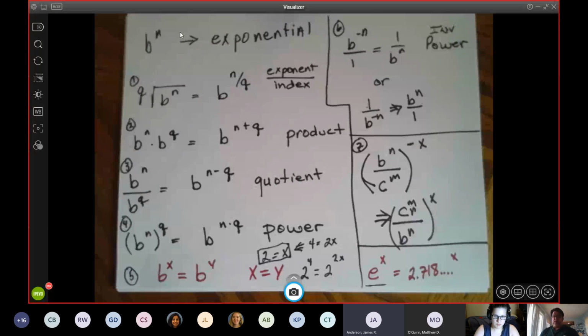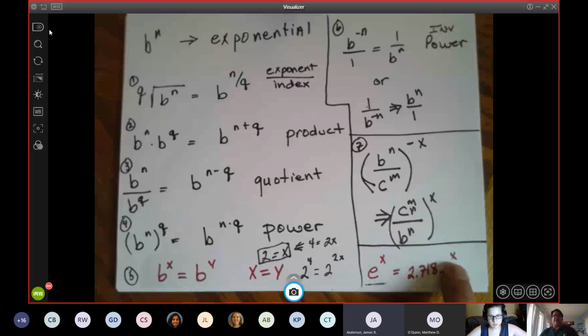Natural log. Well, actually, most people freak out and skip it. Why? Because e to the x looks like it's what? Complicated, but it's not. It's just a number to the x power. So those are the two things I want you to be aware of.